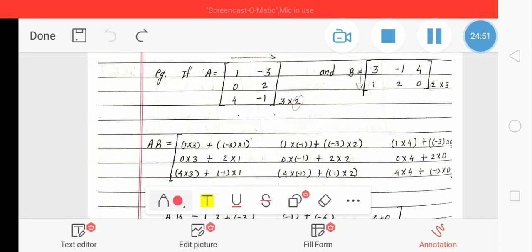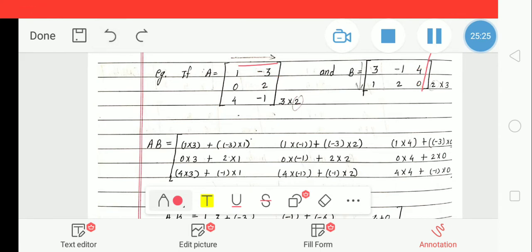So 1 multiply by 3 plus minus 3 multiply by 1. Now we take the first row and second column, so 1 multiplied by minus 1 plus minus 3 multiplied by 2 here. Then first row and third column, 1 multiplied by 4 minus 3 multiplied by 0 right here.